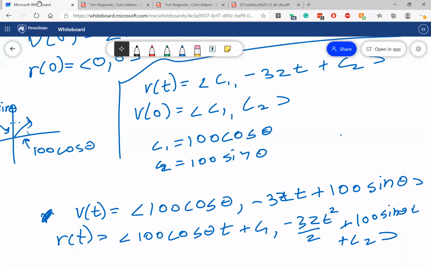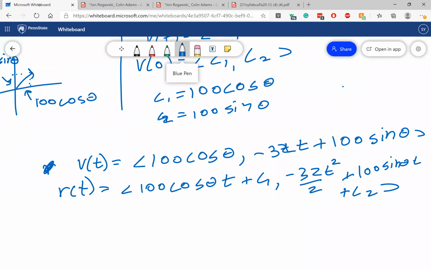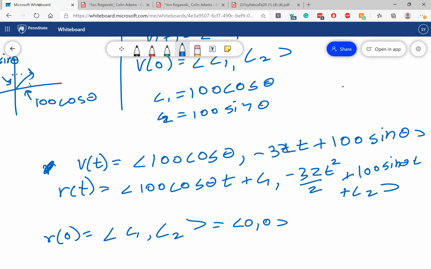So now r(0) is going to be equal to, looking at this side over here, this is going to be 0. So we would get c1. And on the second side, this is 0 and this is 0, so we're going to get c2. And we know that this is equal to 0, 0. So that means here c1 and c2 is equal to 0, 0.